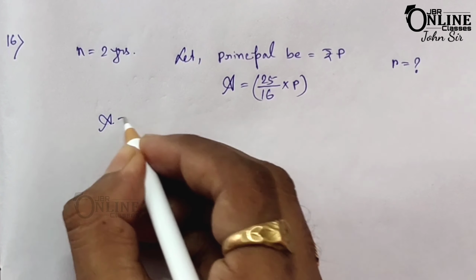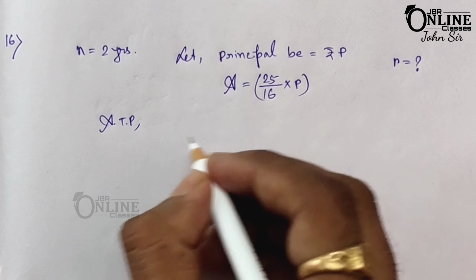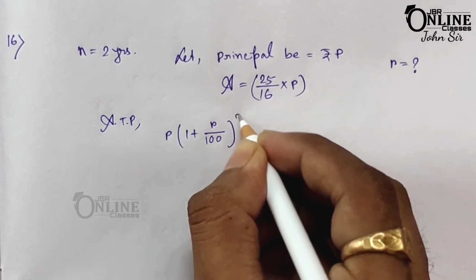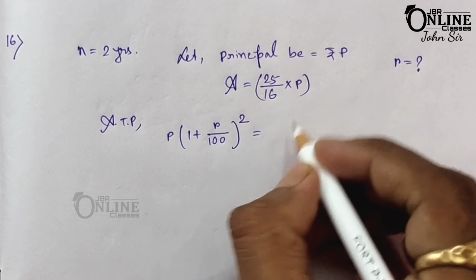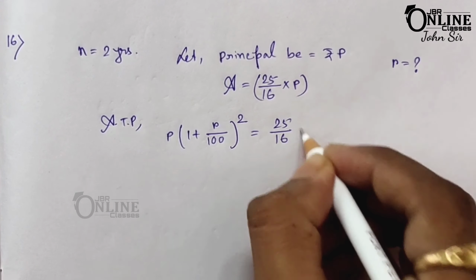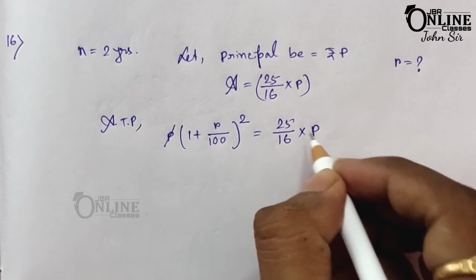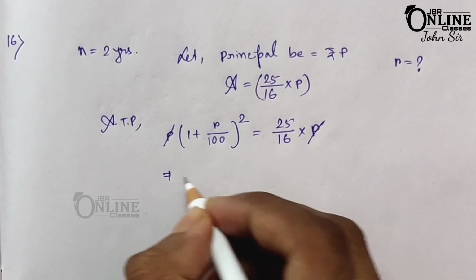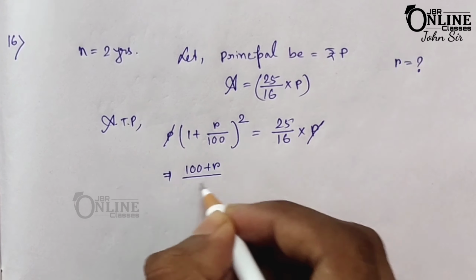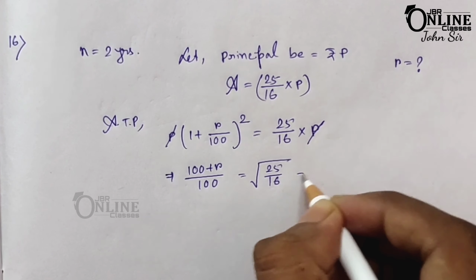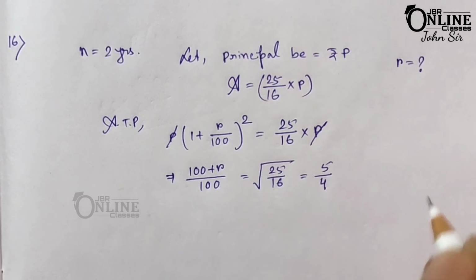According to the problem, the formula of amount equals P into (1 plus r by 100) whole to the power n equals 2, and that equals 25 by 16 into P, because this is the amount. So here P cancels out, so it becomes (100 plus r) by 100 equals root over 25 by 16, and that equals 5 by 4.